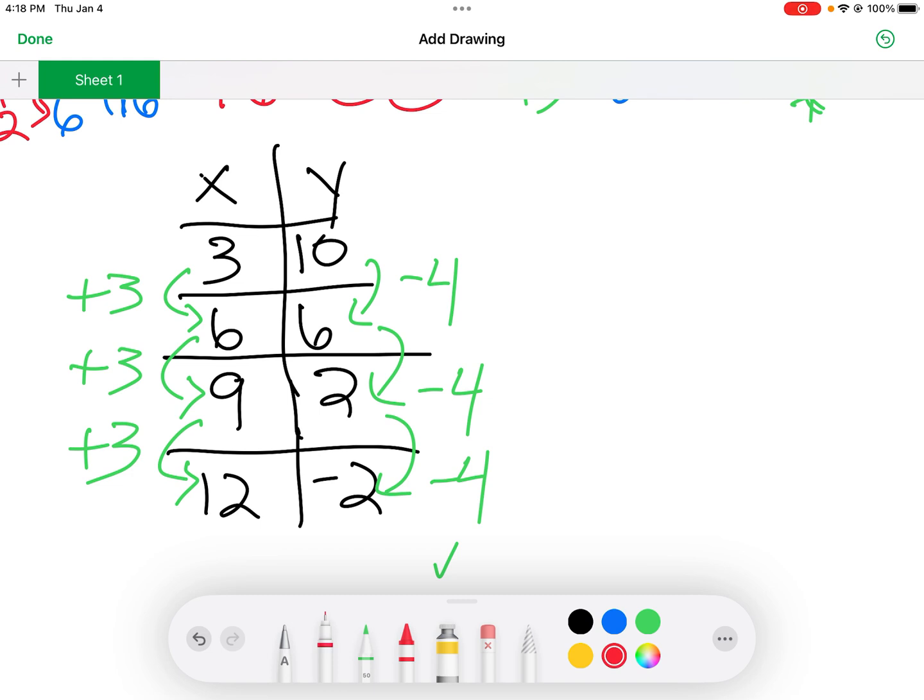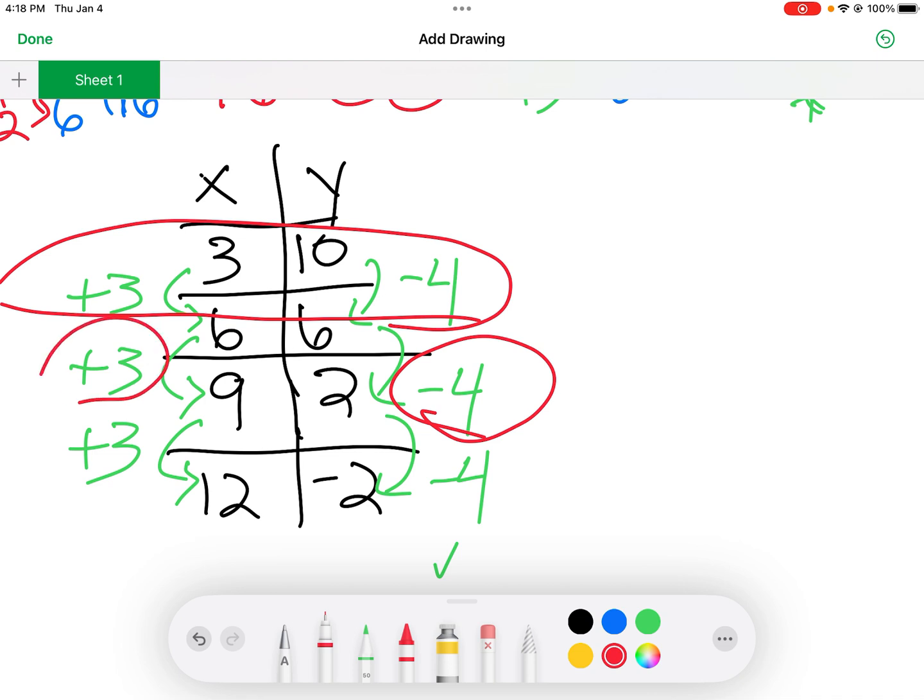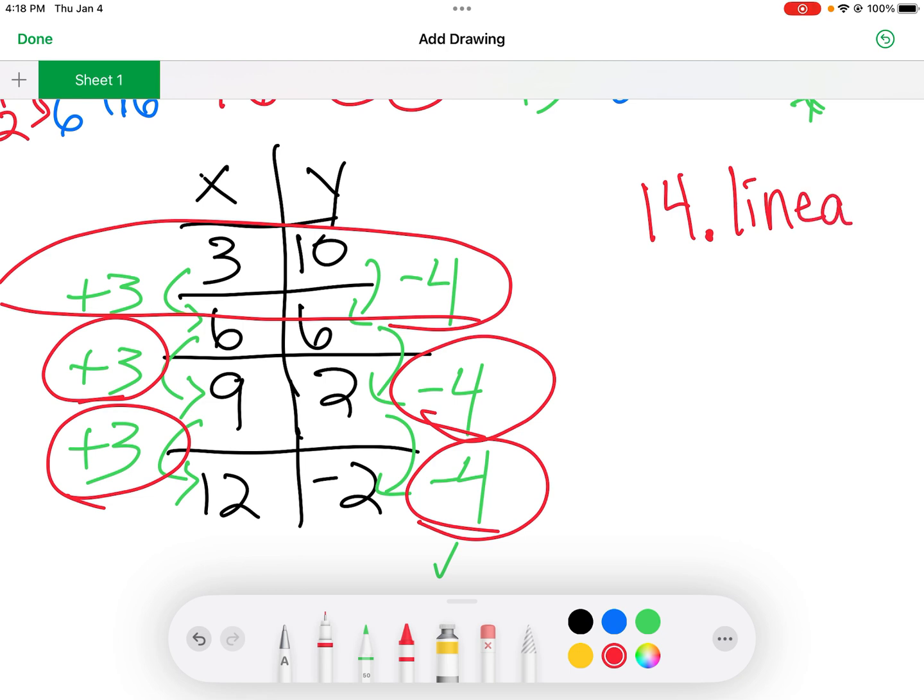So all of our numbers that we have here are matching up. Minus 4 and plus 3, minus 4 and plus 3. So I've given you number 14 here. Number 14 would be linear. So you'll show me the work and tell me the vocabulary word.